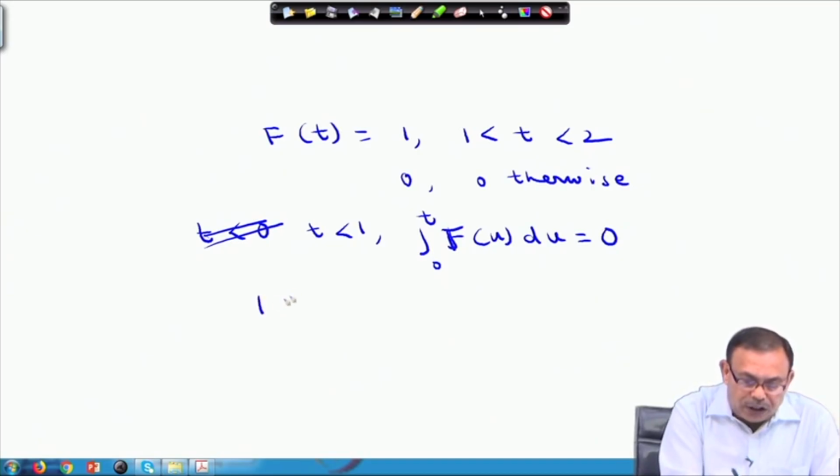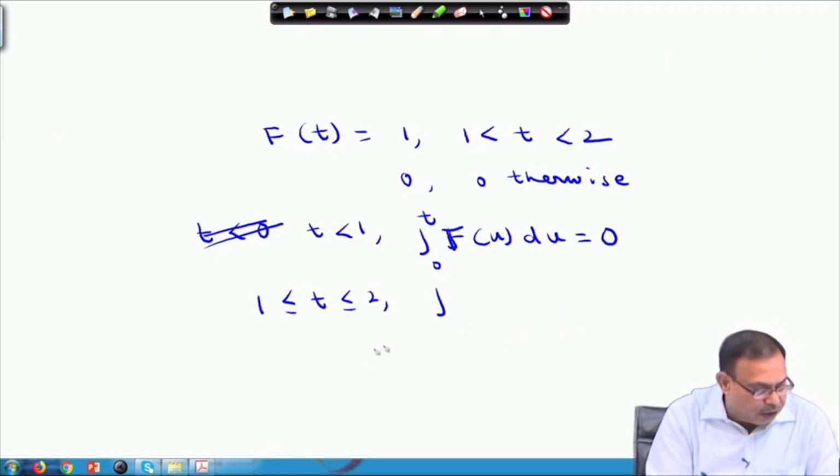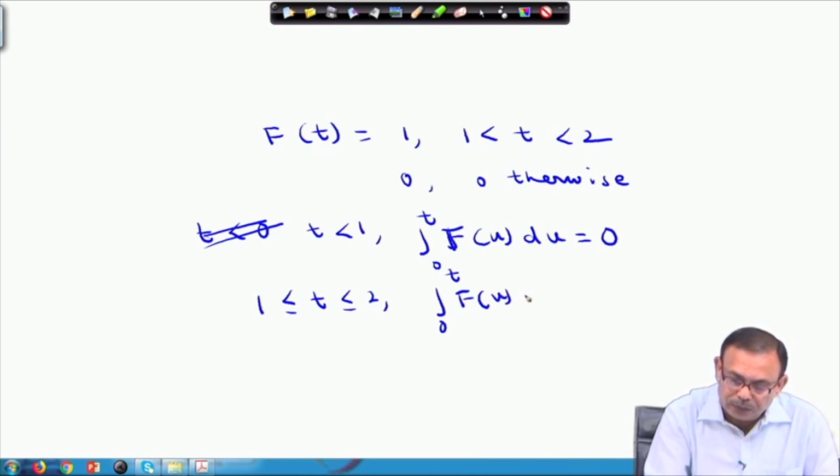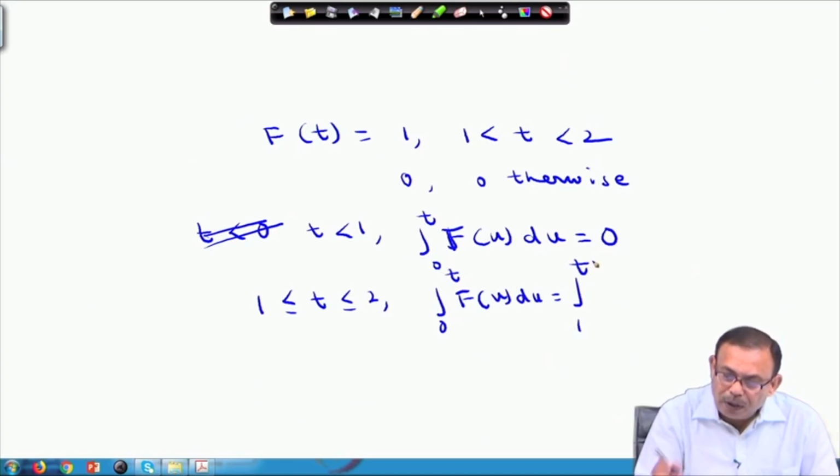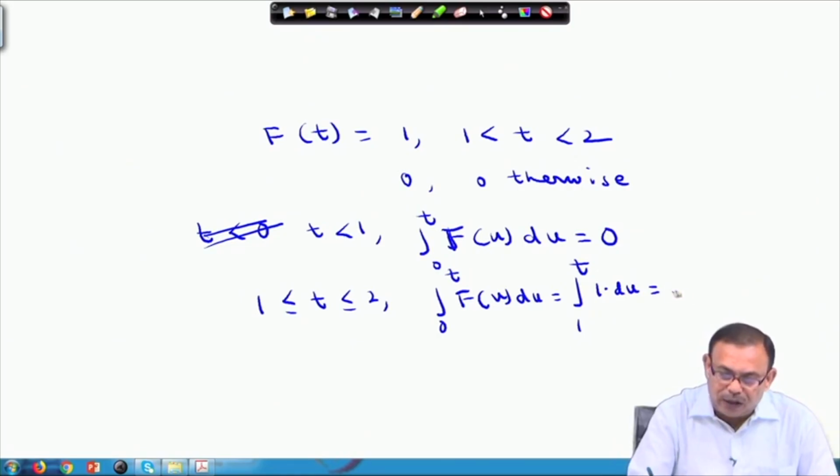Whenever t lies between 1 and 2, the integral from 0 to t of f(u) du is basically the integral from 1 to t of f(u) du, and f(u) is 1. So, 1 into du, and the value will become t minus 1.